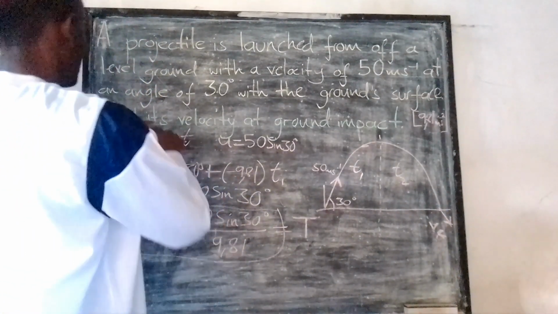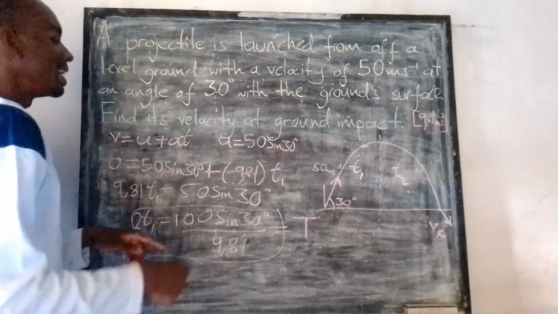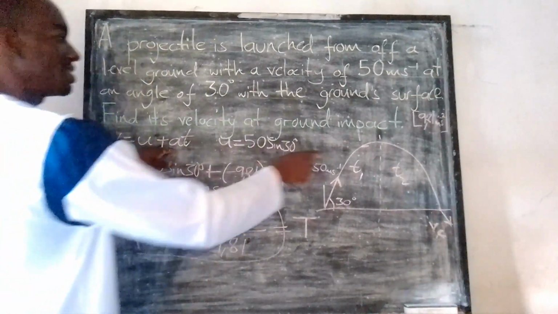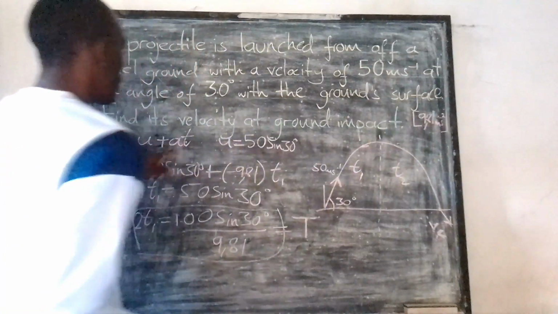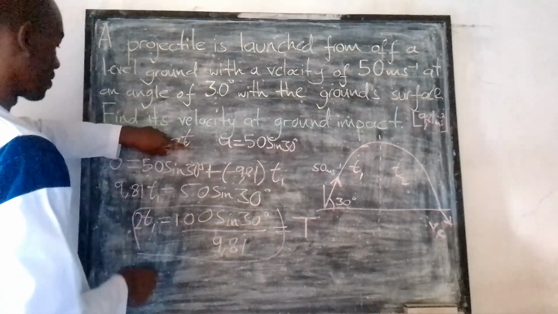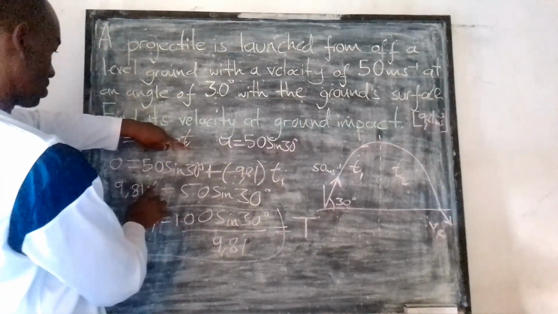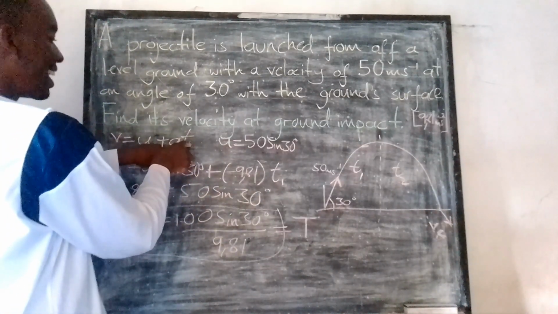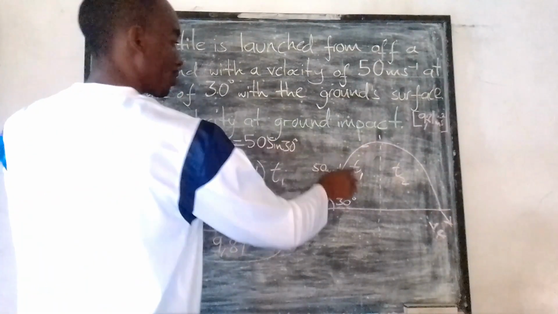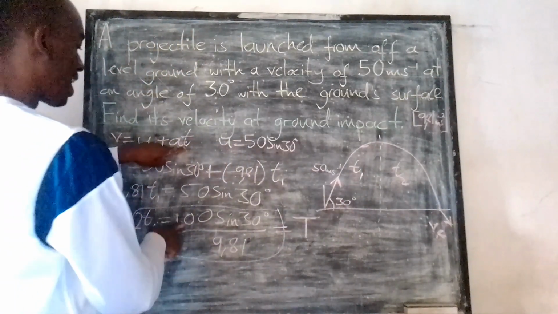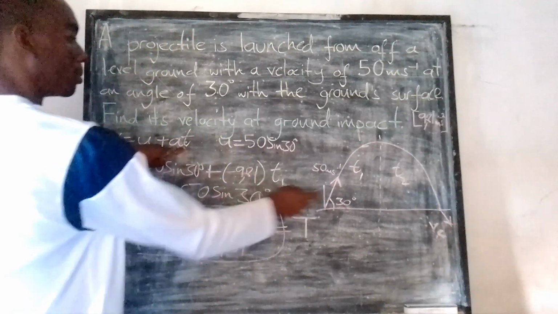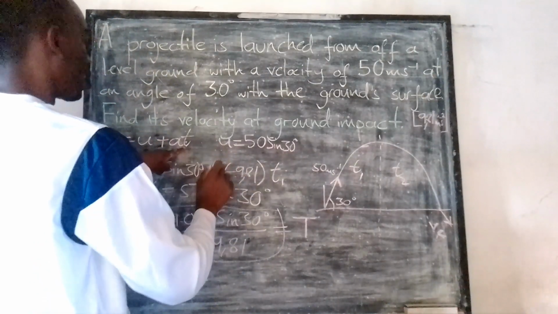We're going to utilize this equation again, and this initial velocity again, this same acceleration due to gravity, but now instead of putting 50 sine 30 over 9.81 as the time, which is equivalent to t1, we're now putting 100 sine 30 degrees all over 9.81, which is double this time. That is the time of flight.